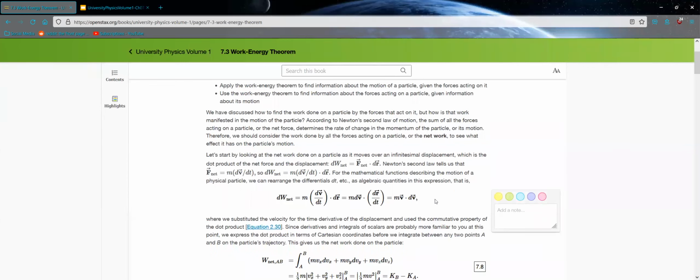Net work is given by a net force times some distance, as we talked about before. And if we incorporate Newton's second law of motion, F equals ma, to that conversation, our net force is given by our mass and our acceleration. So our net work cares about our mass, our velocity, and our change in displacement, our dr vector, right?